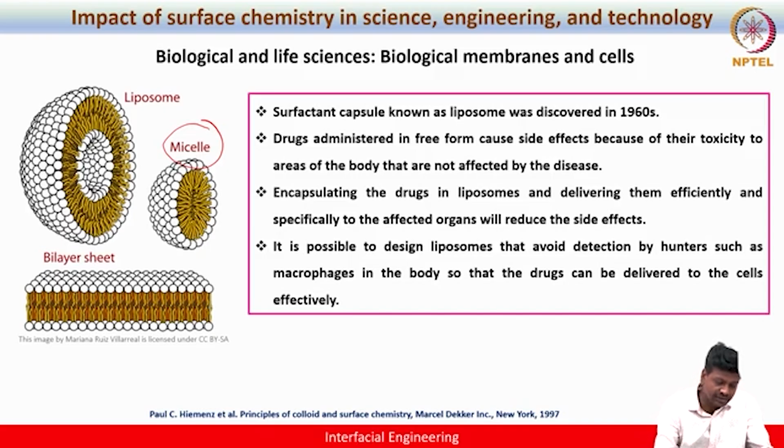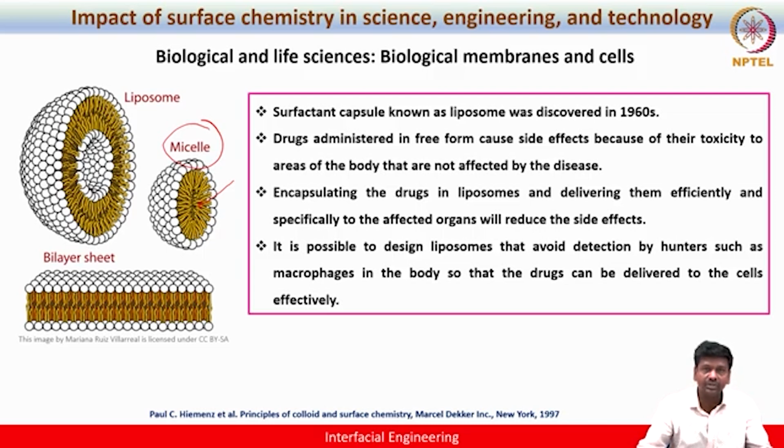When they form micelles, it is because a surfactant has two components in it. One is a hydrophilic group and another one is a hydrophobic part. This tail is nothing but the hydrophobic part, whereas the head group is hydrophilic, right? So if I look at this micelle, a simple structure, at the center it can entrap organic molecules which are not water loving, right?